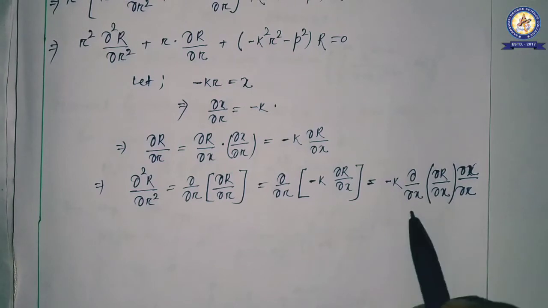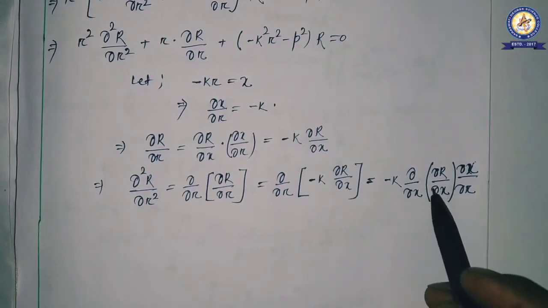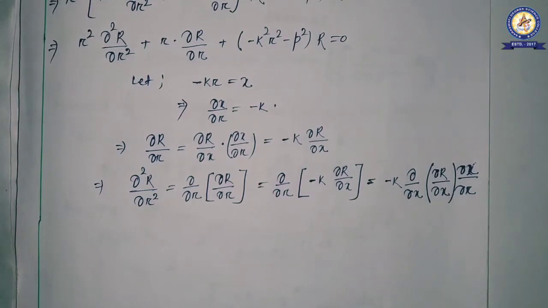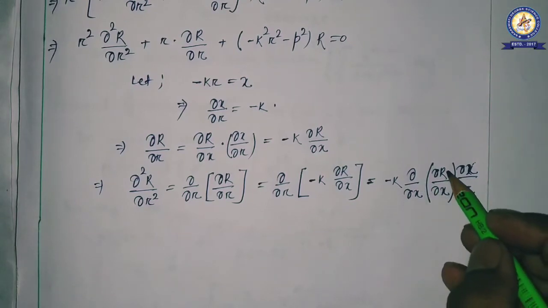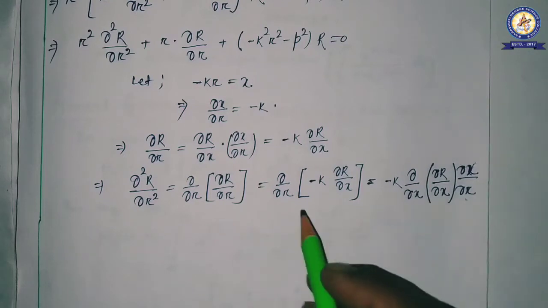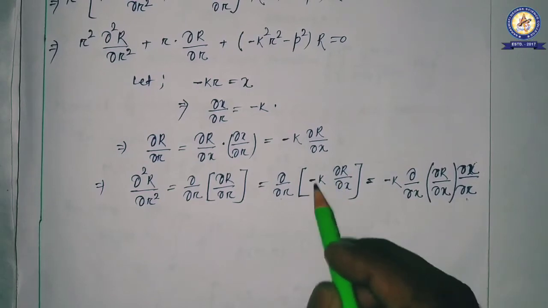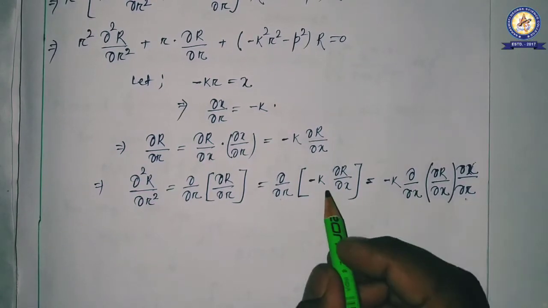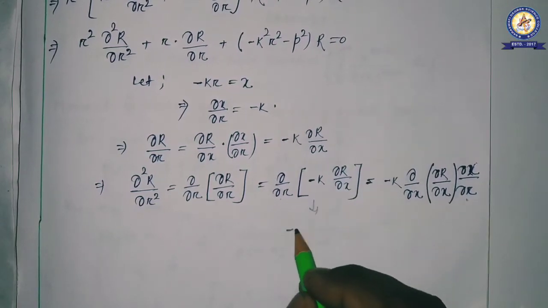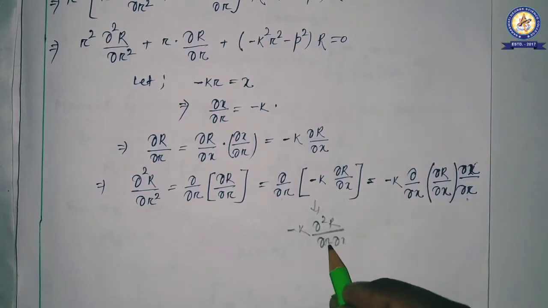So if we operate del by del r on minus k del R by del x, this will give minus k del square R by del r into del x.